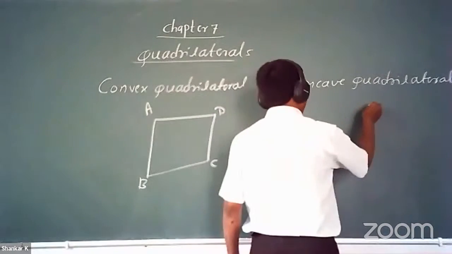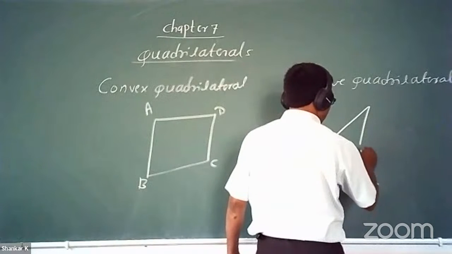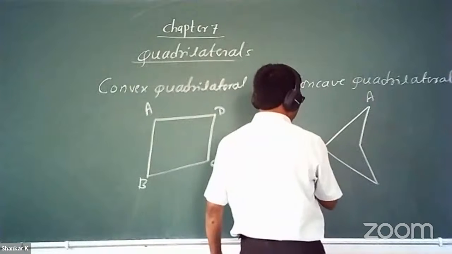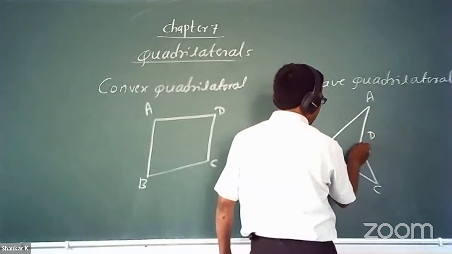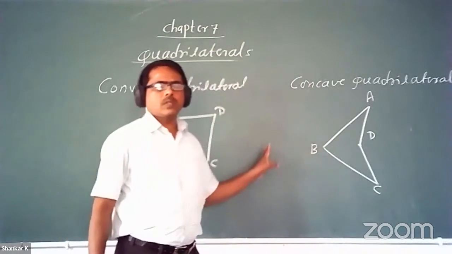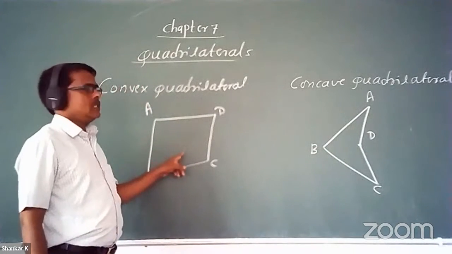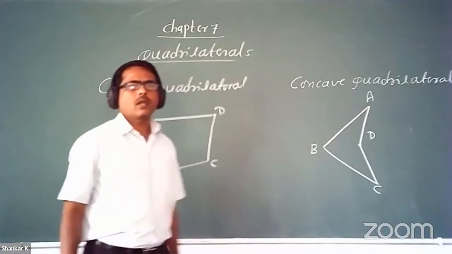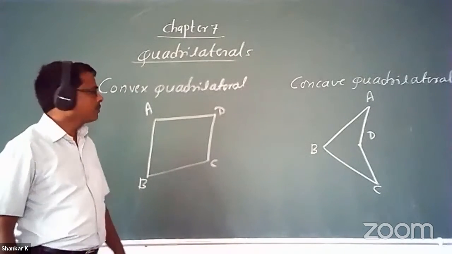Another one I will draw, also four-sided, with vertices A, B, C and D. Both are quadrilaterals. We call this one a convex quadrilateral and this one a concave quadrilateral. How to define convex and concave quadrilateral?